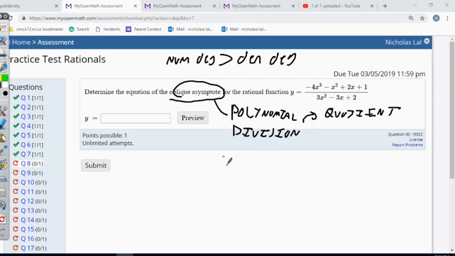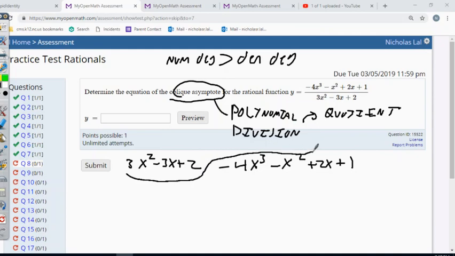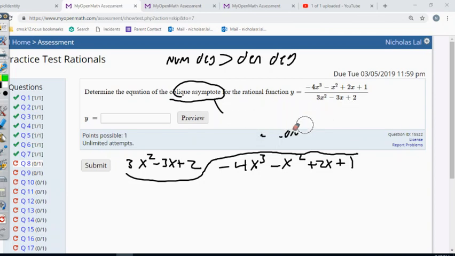We have negative 4x cubed minus x squared plus 2x plus 1 divided by 3x squared minus 3x plus 2. All right, 3x squared times x. So sorry.